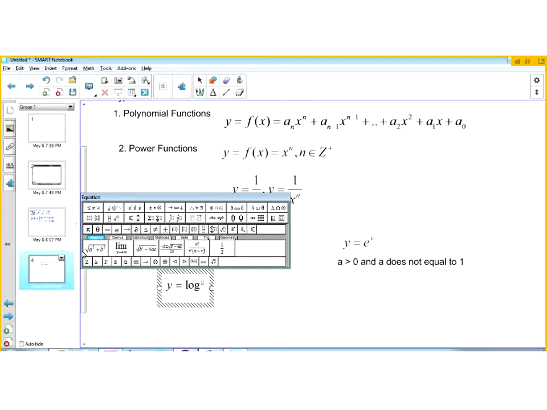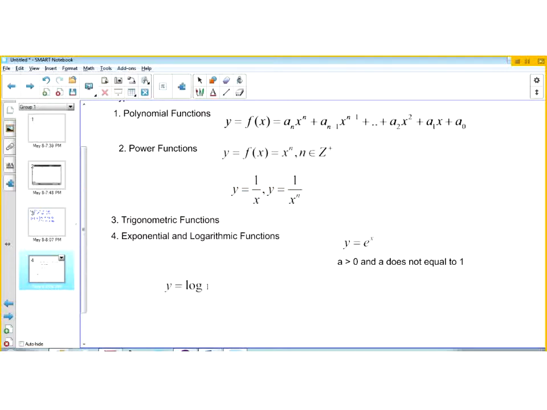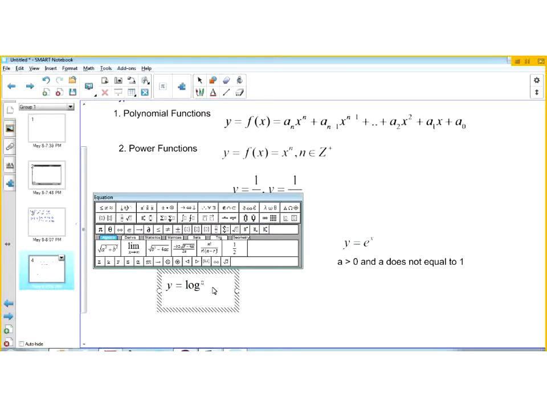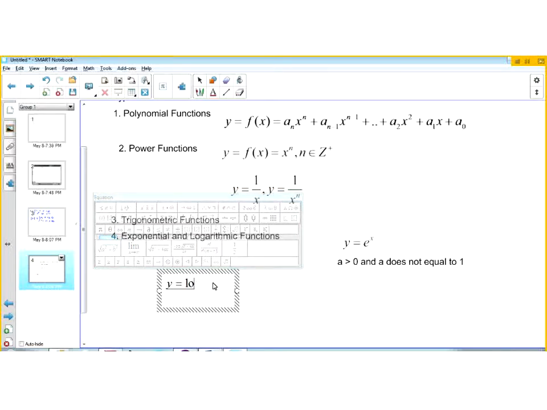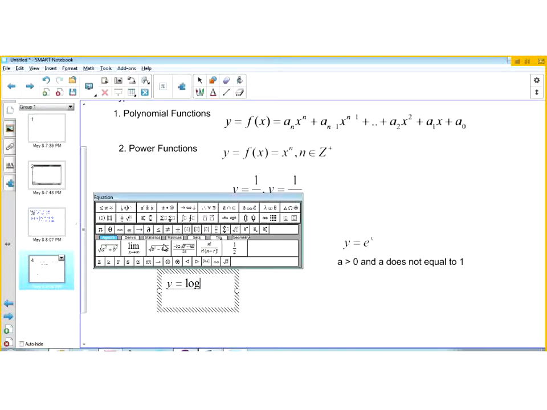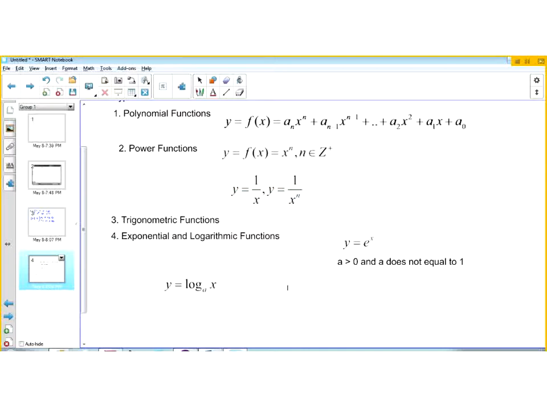Oops, I messed that up. I have to start over. Let me edit. Okay, so y is equal to log base a of x. So this is the logarithmic function.